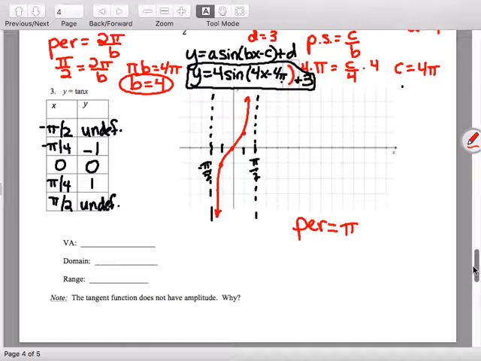Now the vertical asymptotes, we're going to write these in general, and hopefully your Algebra 2 teacher last year did that as well. What you do for your vertical asymptotes is you choose the first one that's positive.